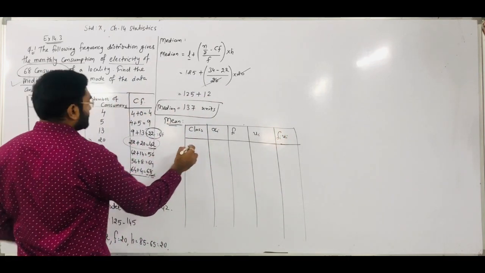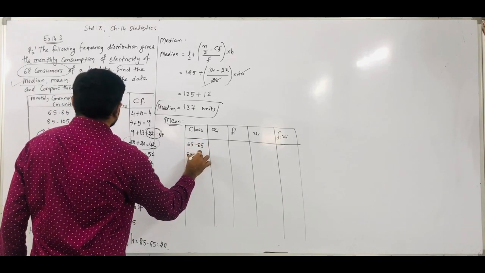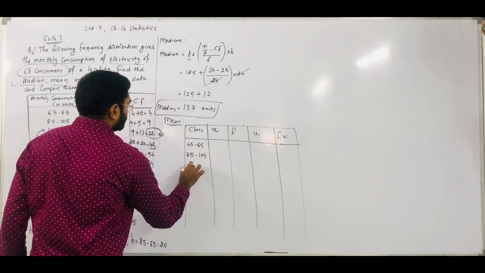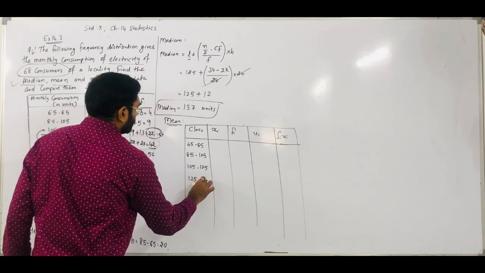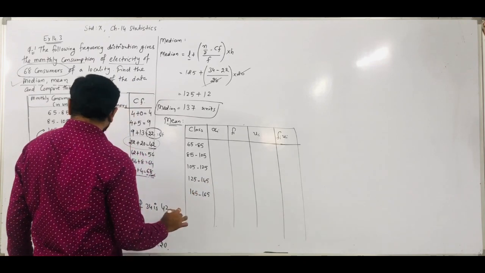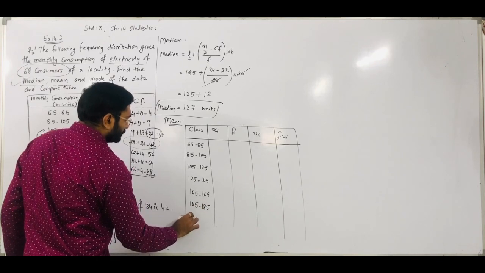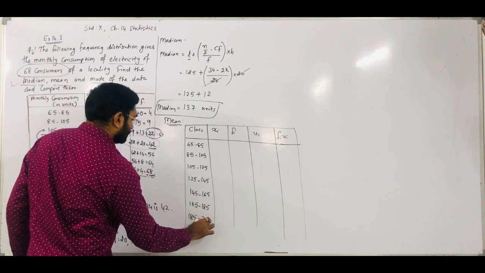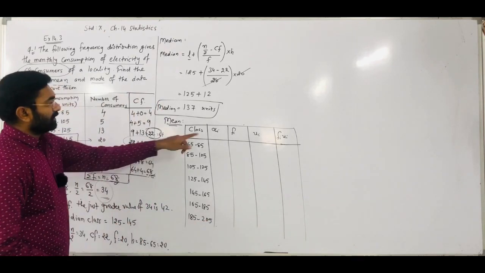Right. So the classes given are 65 to 85, 85 to 105, 105 to 125, 125 to 145, 145 to 165, 165 to 185, and 185 to 205. Then the xi column.